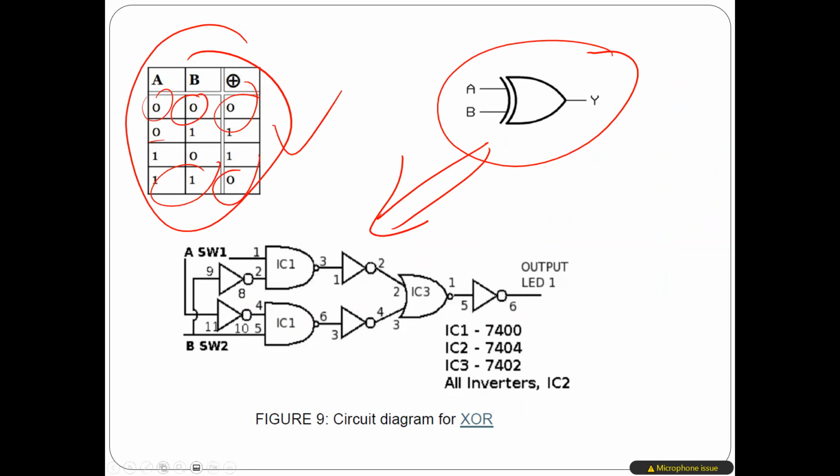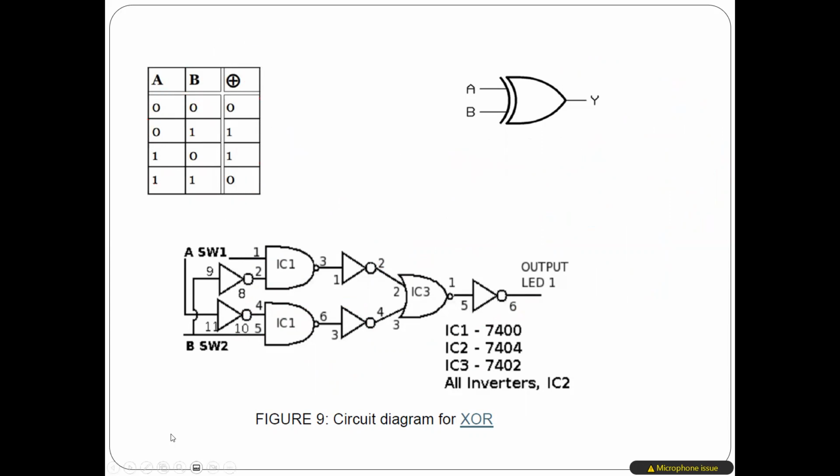One important thing you will do in this lab, and in the coming labs as well, is in order to visually see the output, you have to connect the output here to what we call an LED. This is the symbol of the LED. This LED, you can turn it on and off.